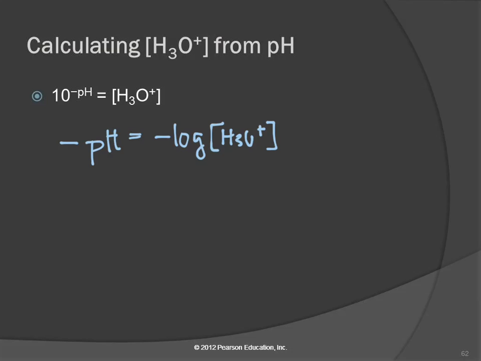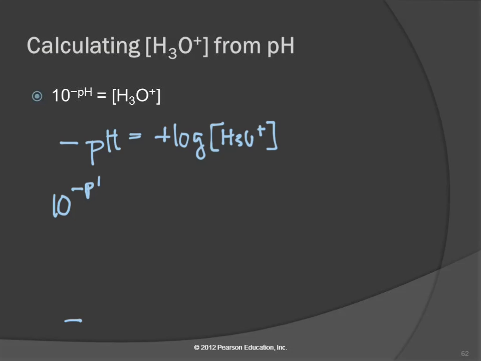So I get negative pH equals plus log of H3O+. Now I just have to get rid of the log. Log is a function. I can't divide by a function. I have to do the unfunction, the anti-function, the anti-log. 10 to the x is the anti-log. That's why it's on the same button on your calculator. So I'm going to take 10 to the x of both sides.